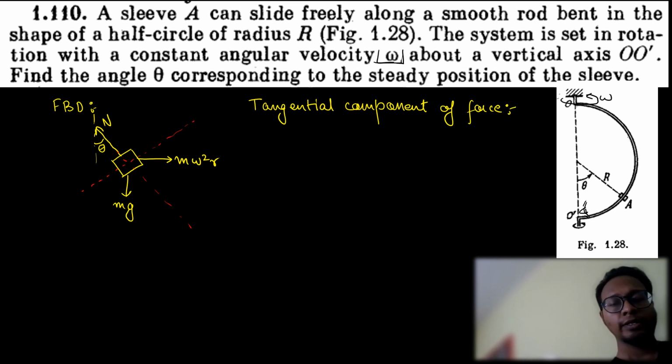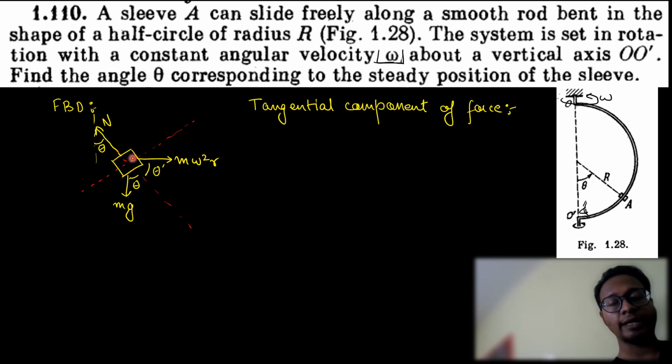Now I need to find out the angle. If this angle is theta, this line and this line are parallel, and this is the straight line, so this angle will also be theta, by parallel lines. Now this line and this line make a 90-degree angle, so if this is theta, this is 90 minus theta, also written as theta dash.